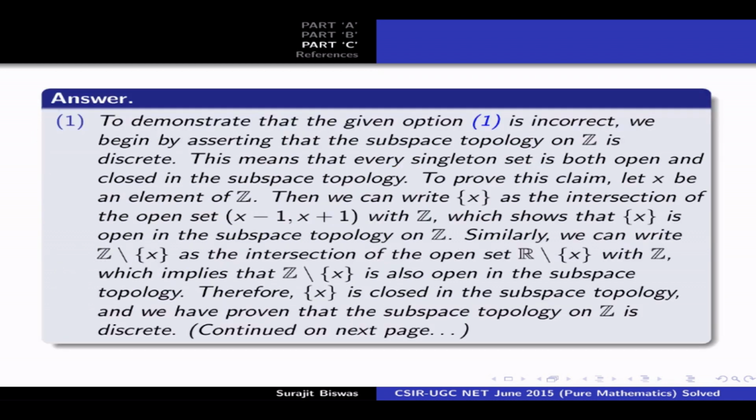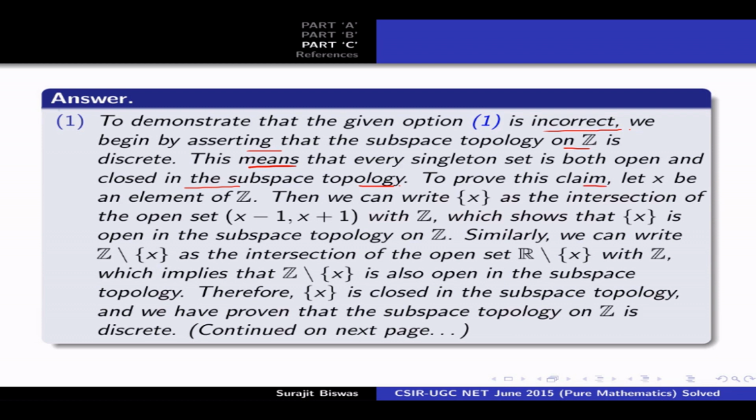To demonstrate that option 1 is incorrect, we begin by asserting that the subspace topology on Z is discrete, and this means that every singleton set is both open and closed in the subspace topology.